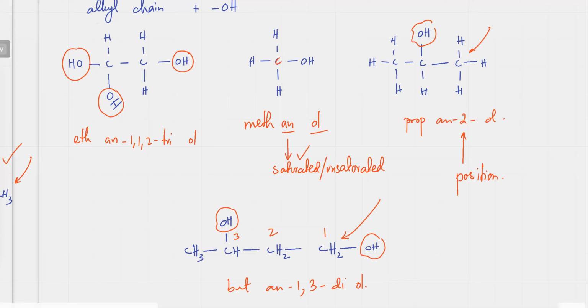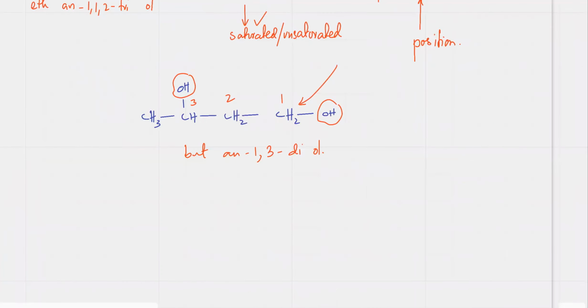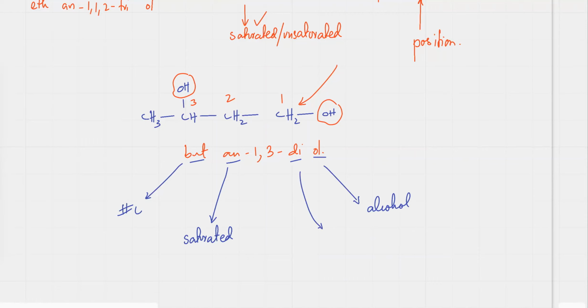I'm just going to break this up once more. What does each thing indicate? The first part indicates the number of carbon atoms. AN indicates saturated, that means all bonds are single bonds in the carbon chain. OL indicates alcohol. DI indicates the number of functional groups.